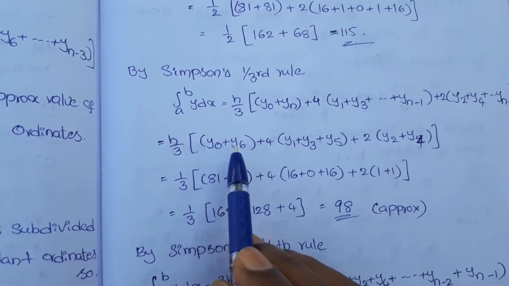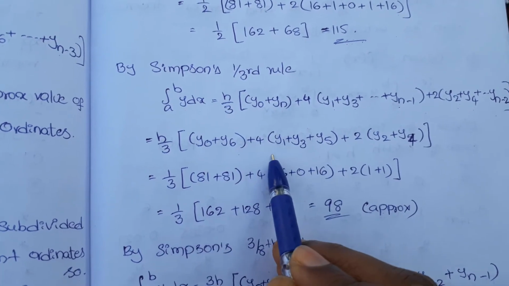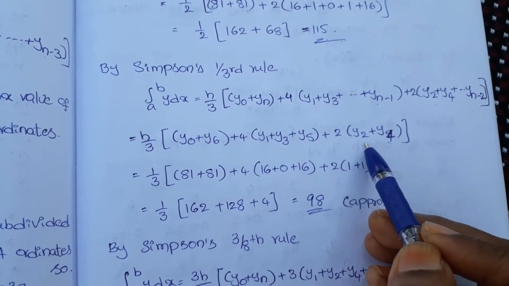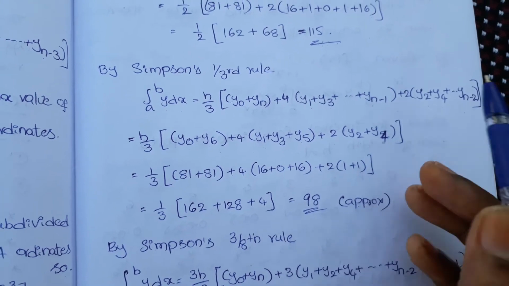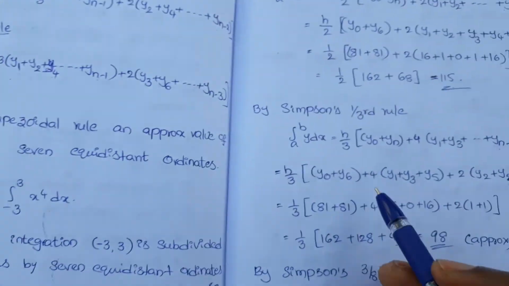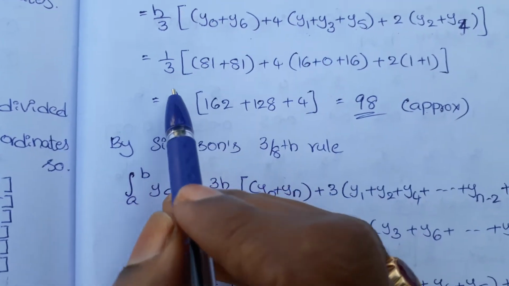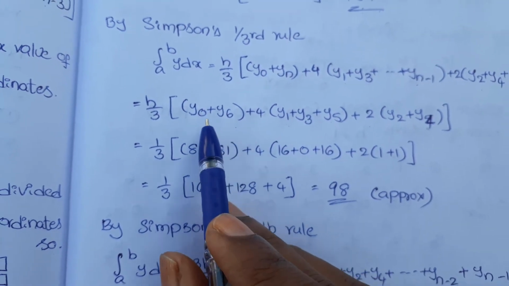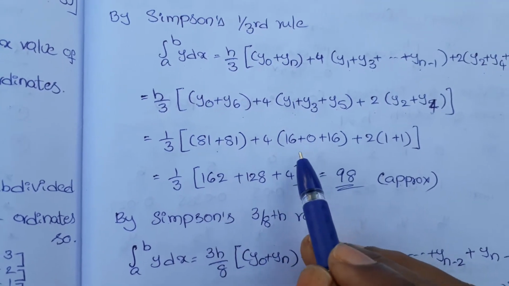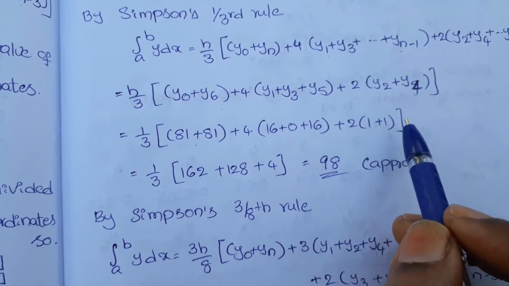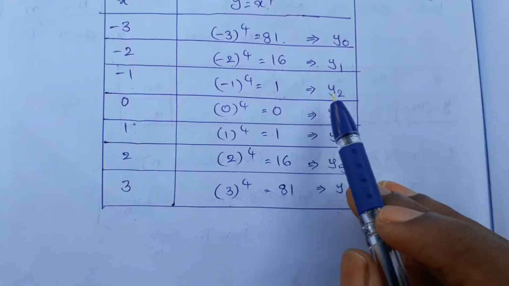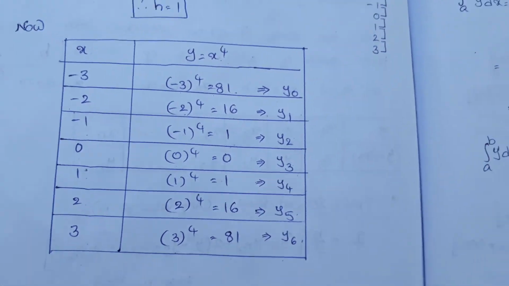So h by 3 times y0 plus y6, the first value and the last value, plus 4 into the odd number of values y1 plus y3 plus y5, plus 2 into the even number of values y2 plus y4, up to 6 equal parts only. So substitute the values of y0 to y6. The even values y2 plus y4 means 1 plus 1.